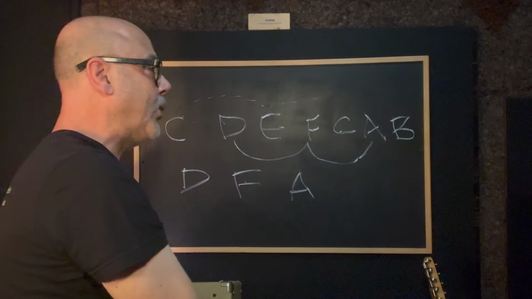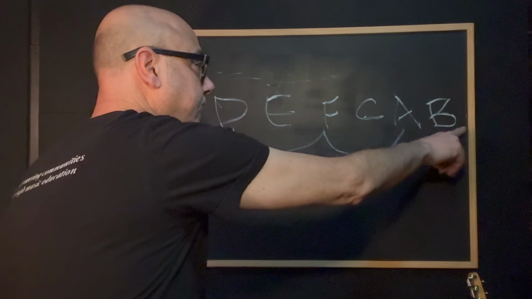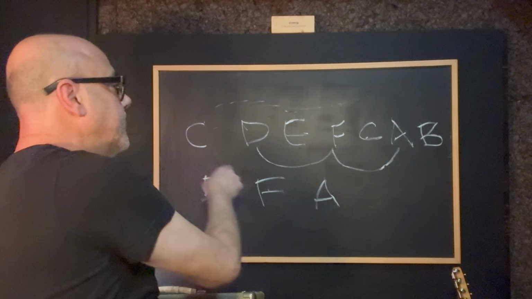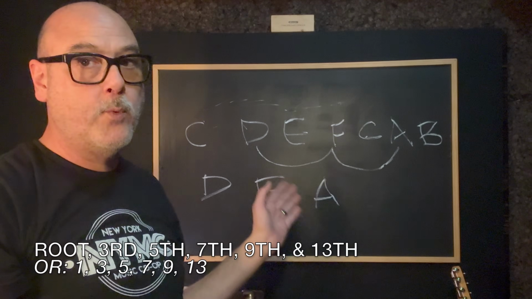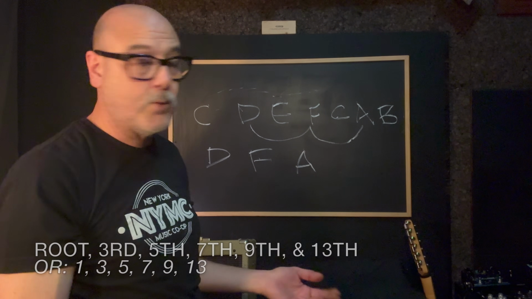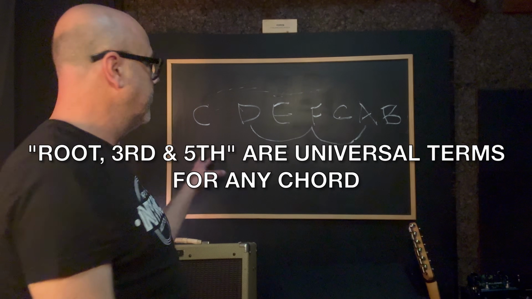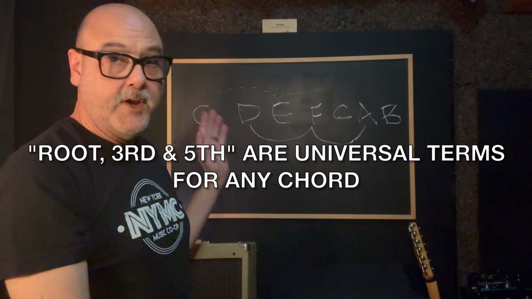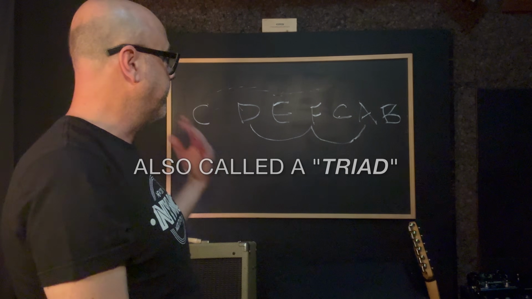If I wanted to go on, I would go A, skip B, come back to C. I could add the E, the G, the B, and so on. All we're doing is skipping over notes to get the notes of our chord. To keep things a bit more simplified in music, we always keep the term root, third, and fifth, no matter what chord we're on. That doesn't have anything to do with the original scale.